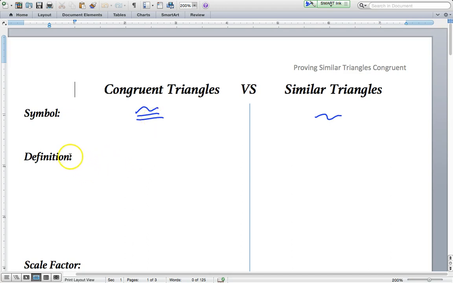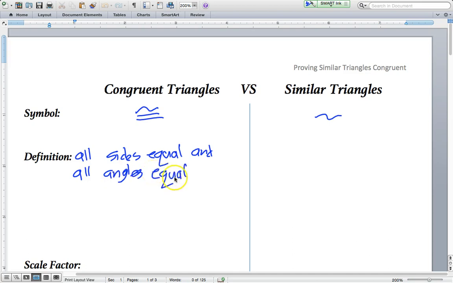Now the definition for congruent triangles is when all sides are equal and all angles are equal.